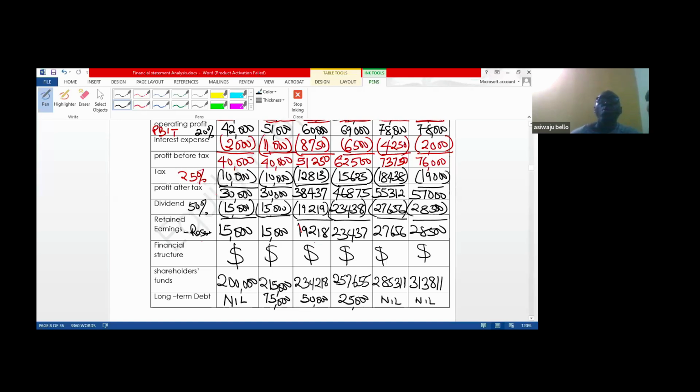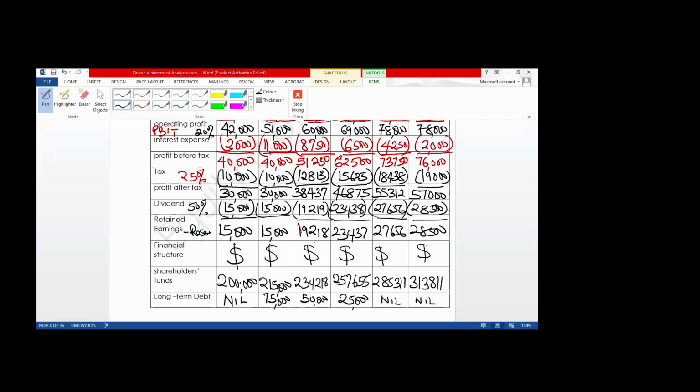Year one, we have retained earnings of 15,000, plus the closing shareholders fund in year zero. That will give me 215,000. Current year is year zero.